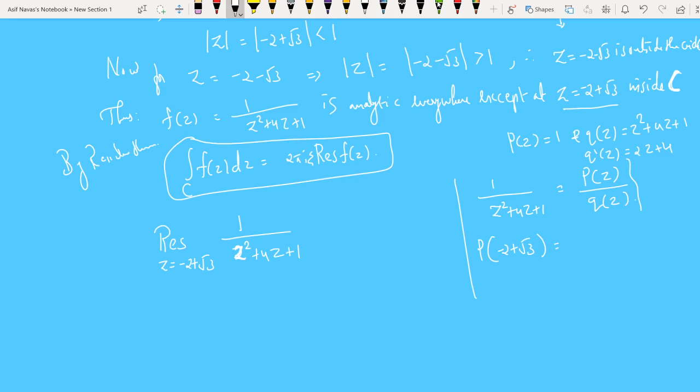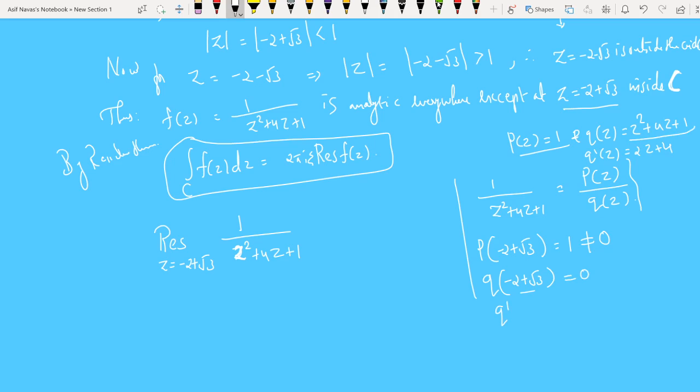So p of minus 2 plus root 3 is 1, that is not equal to 0. Now we have to check what is q of minus 2 plus root 3. It is 0 because this is the root of this polynomial, right?